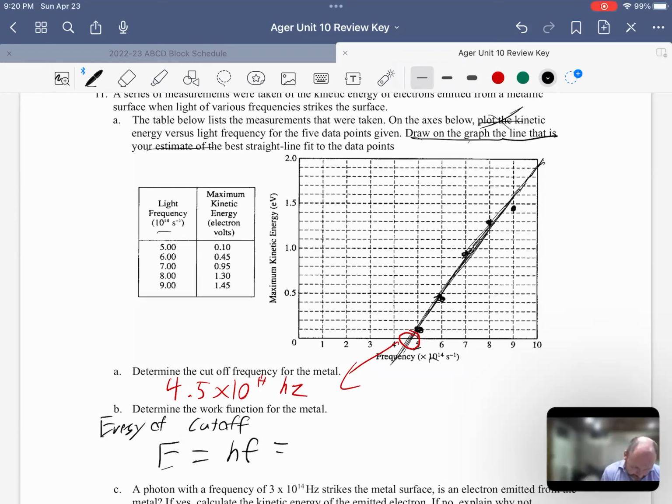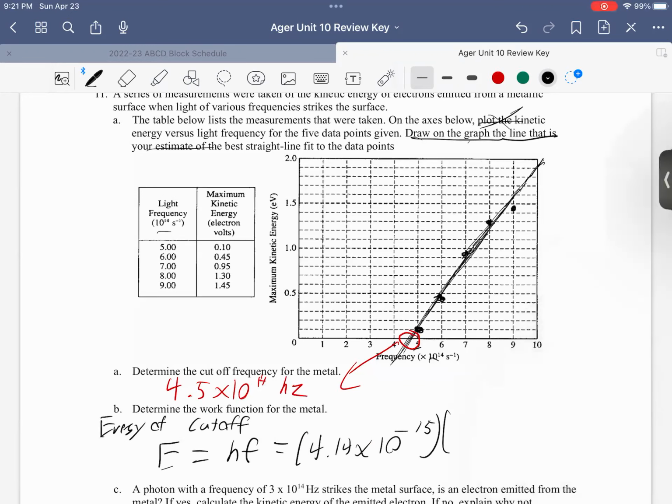Planck's constant here is 4.14 times 10 to the negative 15th, times our frequency, 4.5 times 10 to the 14th, and that's going to give me an energy of 1.86 electron volts. It should be eV, little e, capital V.